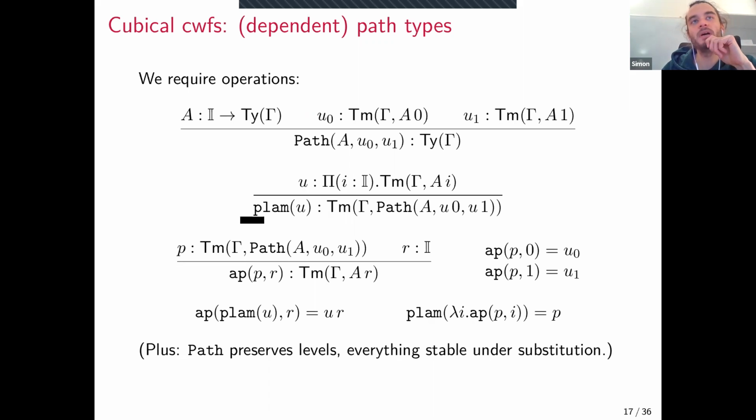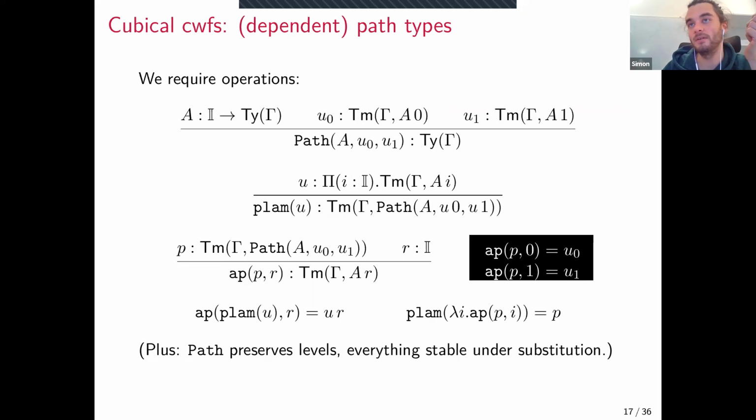Right. So there was this path abstraction, and there's also a path application. This really reflects the operations like we had before in cubical type theory. Given a path in A from U0 to U1, I can apply an element of the interval. The resulting term is called app.